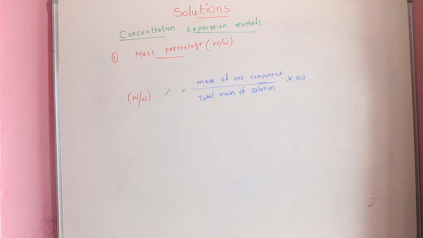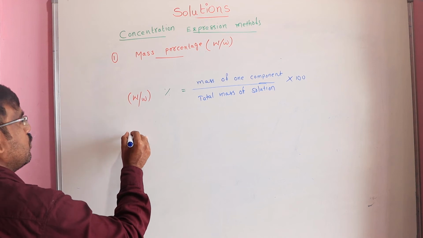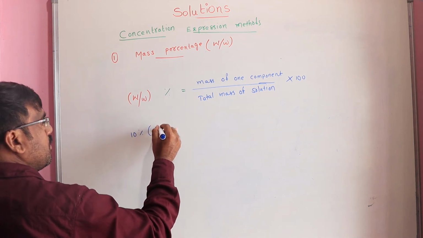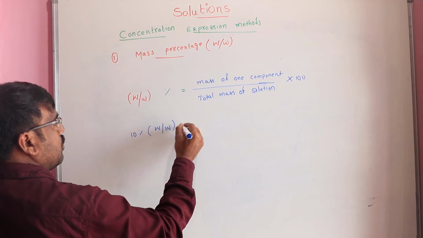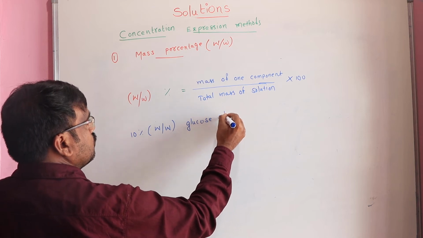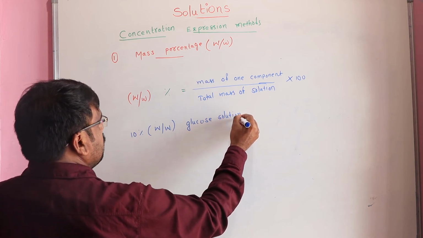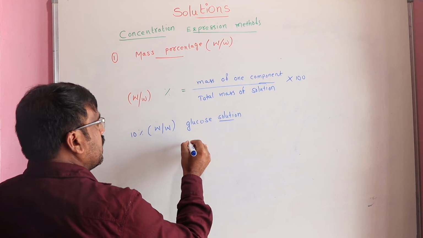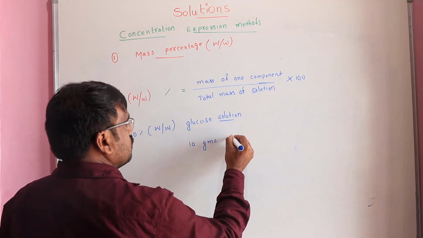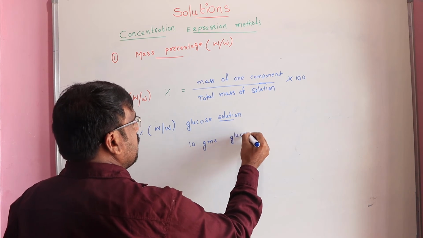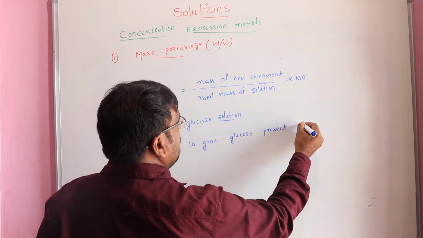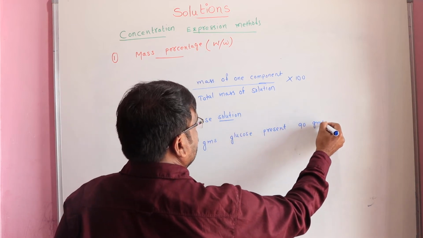For example, here 10 percentage of weight by weight glucose solution is given for us. So what is the meaning of it? 10 grams of glucose present in 90 grams of water.